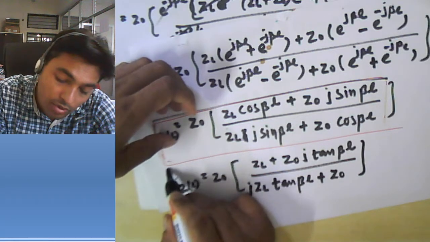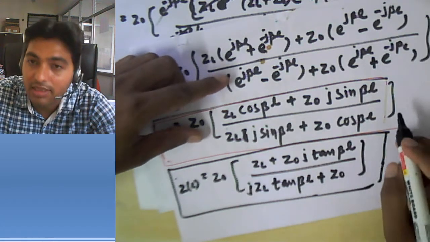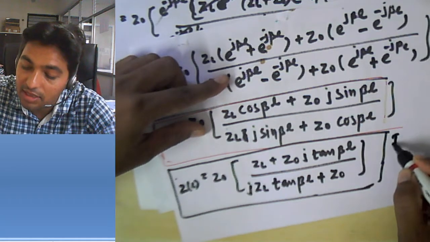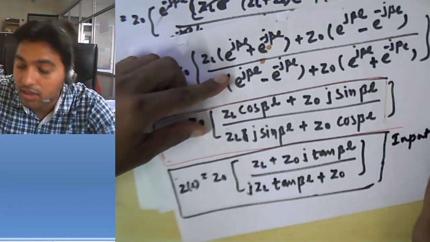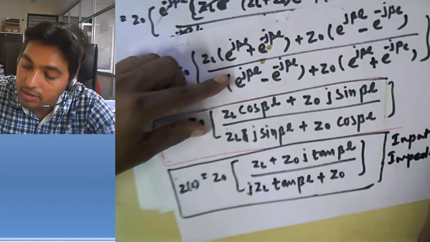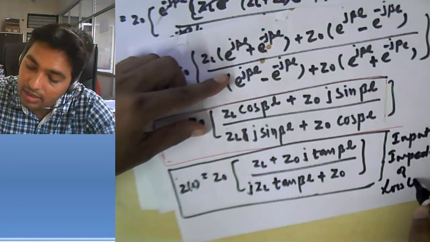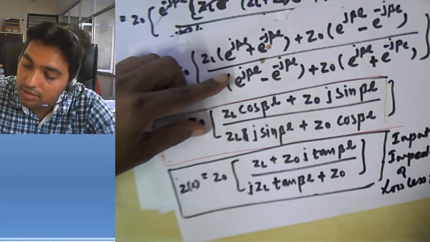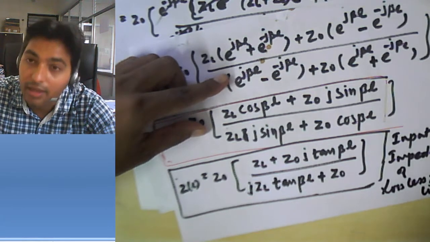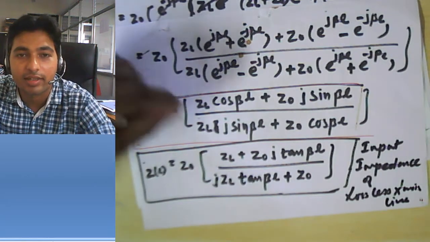This will be the input impedance of a lossless transmission line.